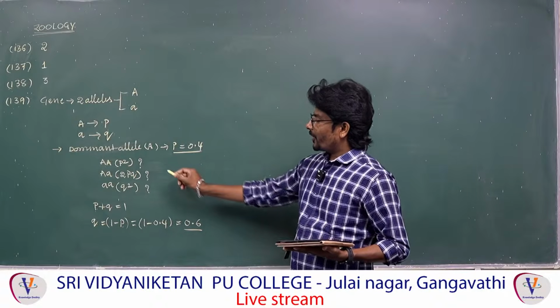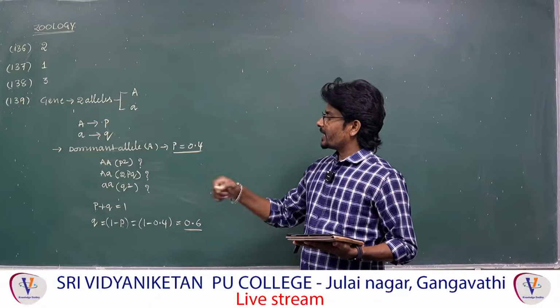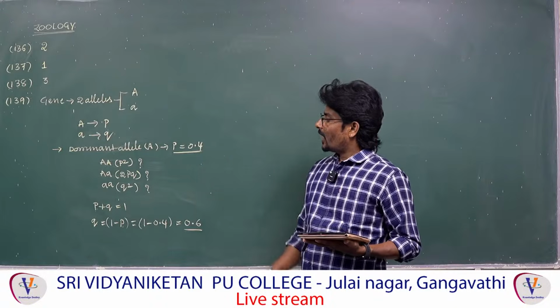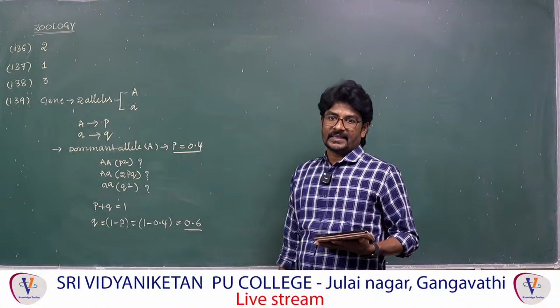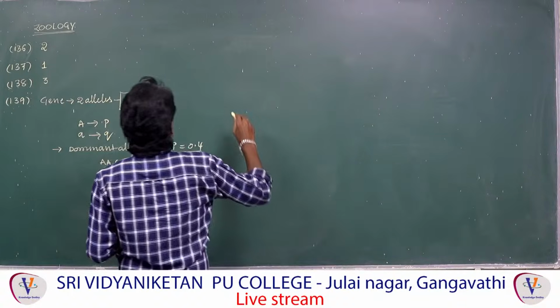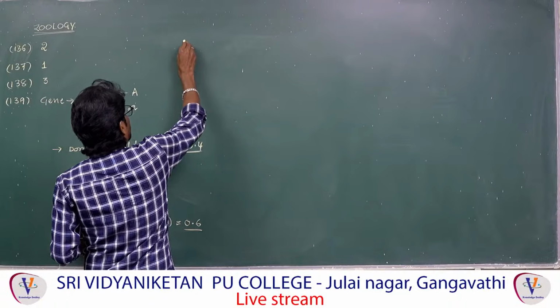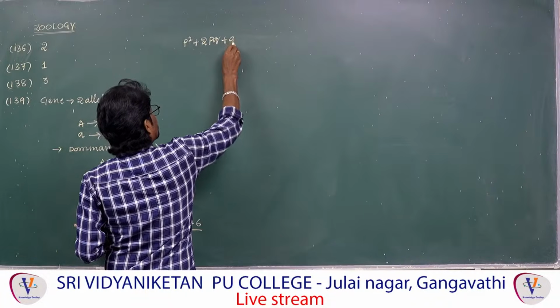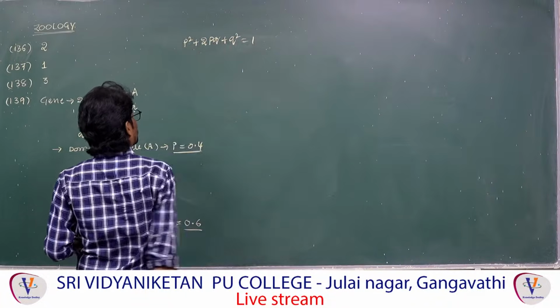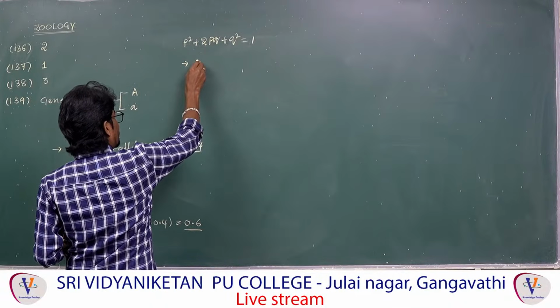Then we have to find out the homozygous dominant frequency, heterozygous dominant frequency and homozygous recessive frequency. To calculate these, we need the Hardy-Weinberg equilibrium equation, that is P square plus 2pq plus q square is equal to 1. First we will go for P square.